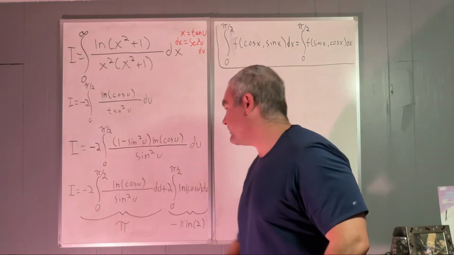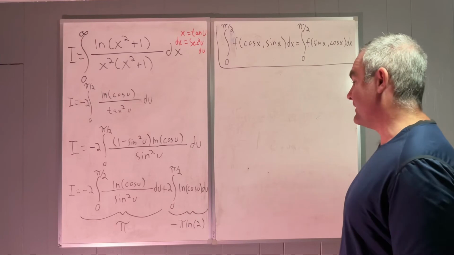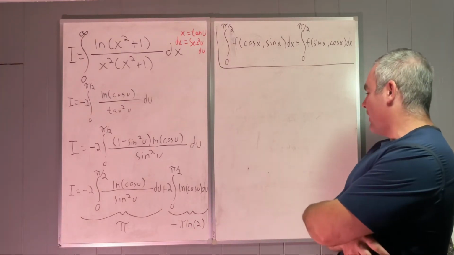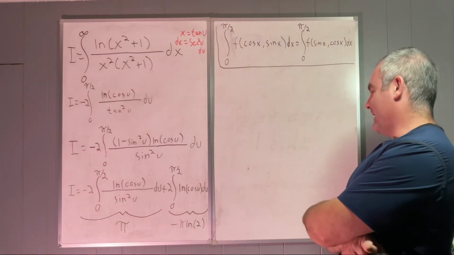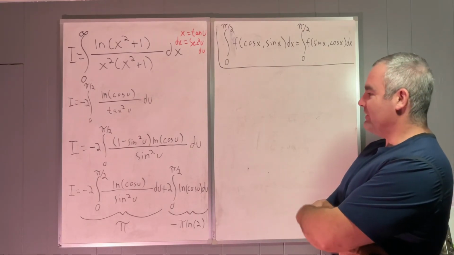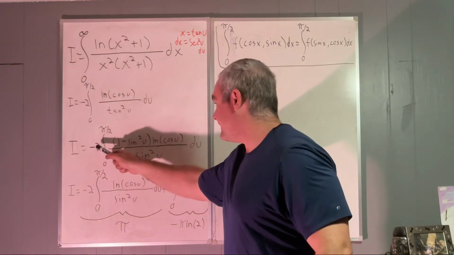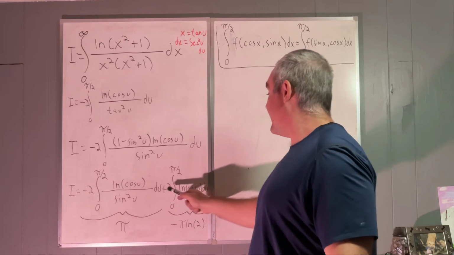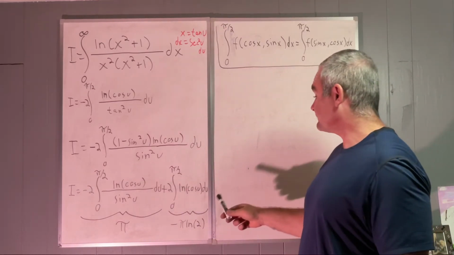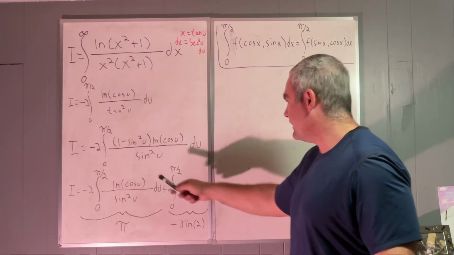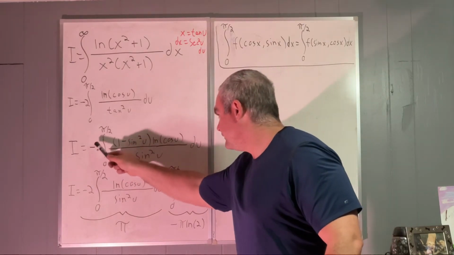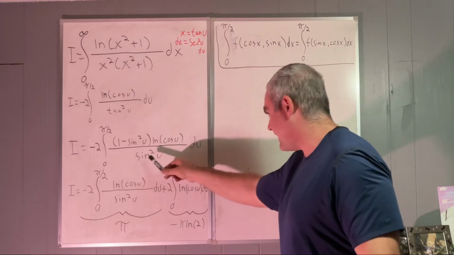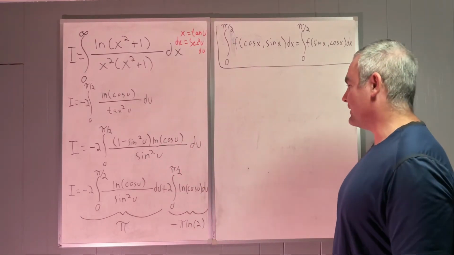So we have minus 2 integral 0 to pi over 2 times the natural log of, and negative 2 times the integral from 0 to pi over 2 of the natural log of cosine u over sine squared u du. And that comes from this, negative 2 natural log cosine u over sine squared u du. And this part, we have a negative 2 sine squared u natural log cosine u over sine squared u. The sine squared u's cancel out.